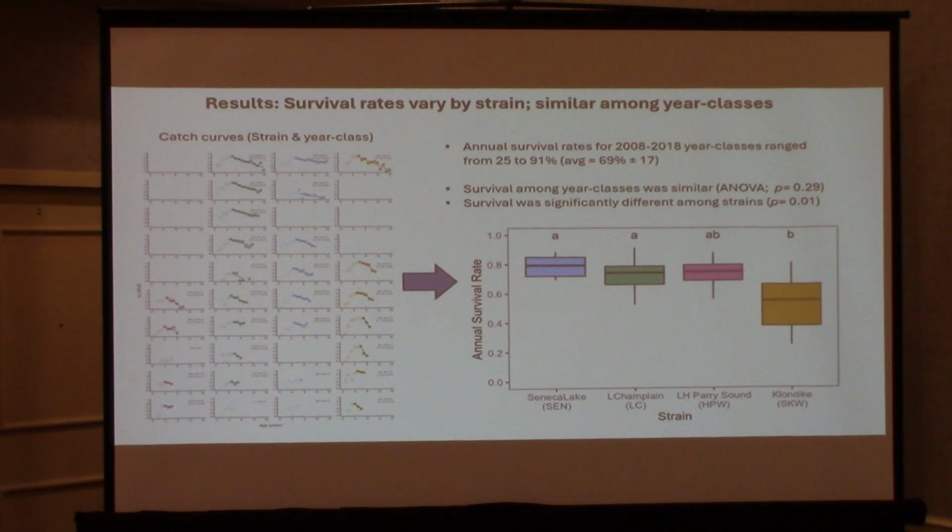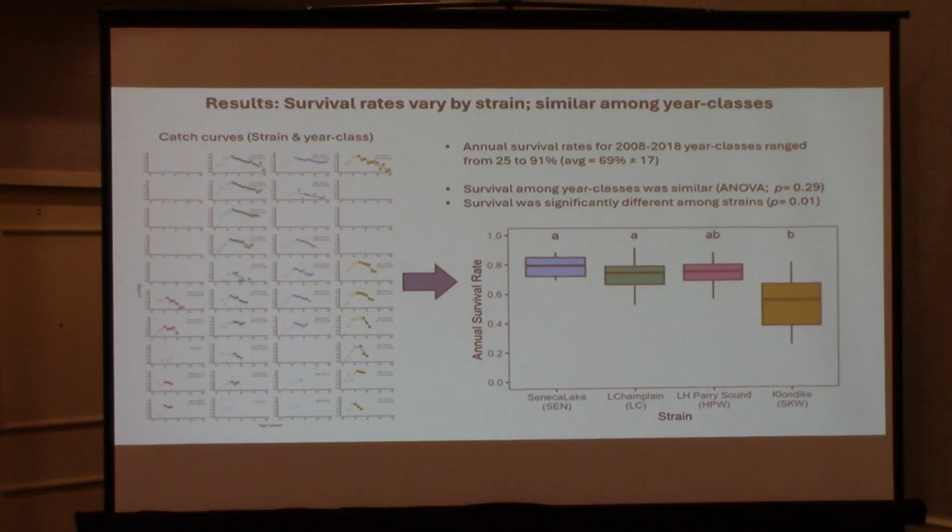Jumping right into the results. So survival, we used standard catch curve analysis. Each little plot here, starting with the 2008 year class down to the 2018 year class, has each color as a different strain. Overall, average survival was 69%, but it's quite a big range from 25 to 91%.